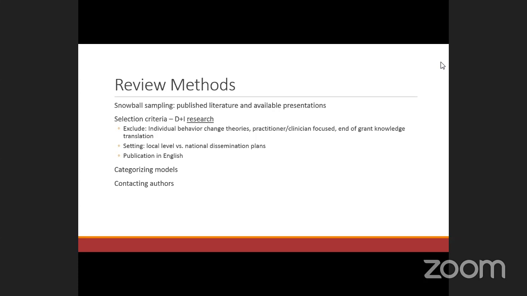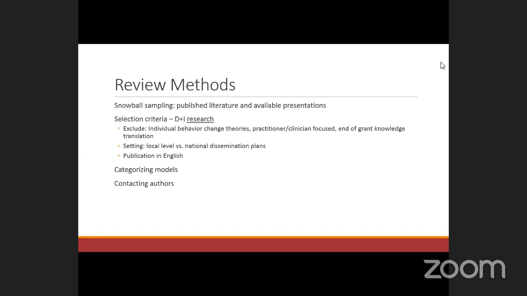We didn't want models that were just a national level plan, but models that applied to a bunch of different levels on the social ecological framework. We looked only at models that were in English. And as part of this review, we identified some categories that the models fell into that we thought would be helpful for investigators trying to pick a model to inform their study.